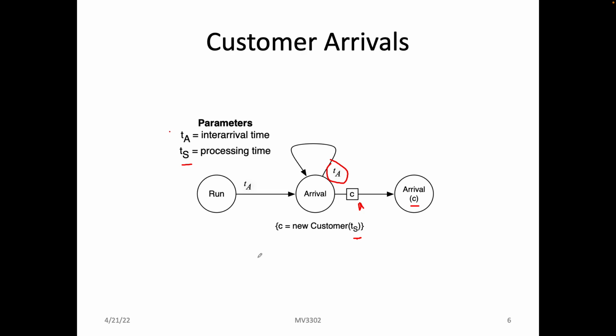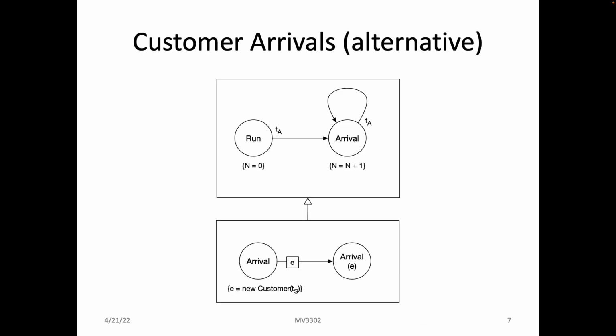And then we could write this from scratch, or we could do it the lazy way, which is just to subclass our arrival process, override arrivals, making sure that we call the super, instantiate the new customer, and then schedule the arrival.